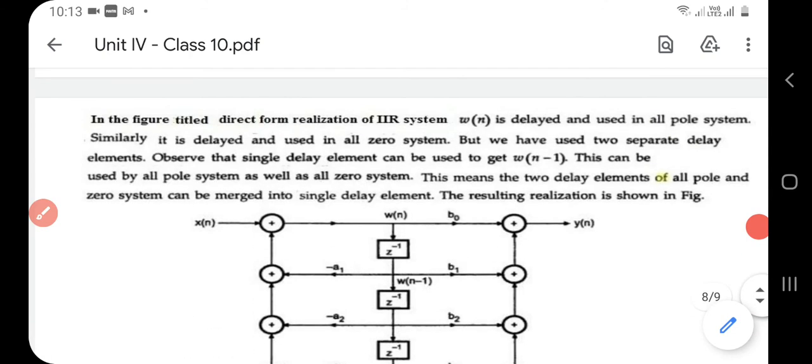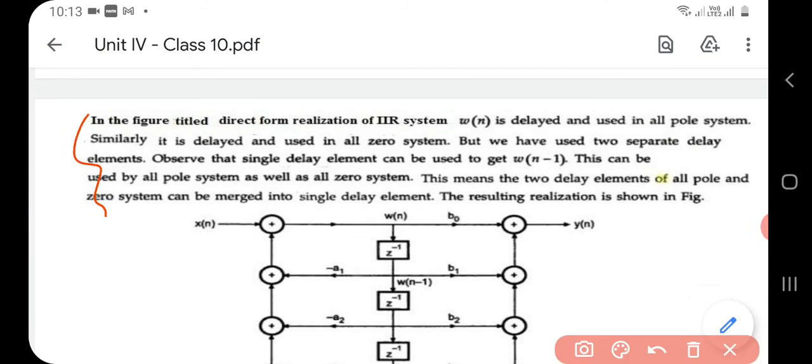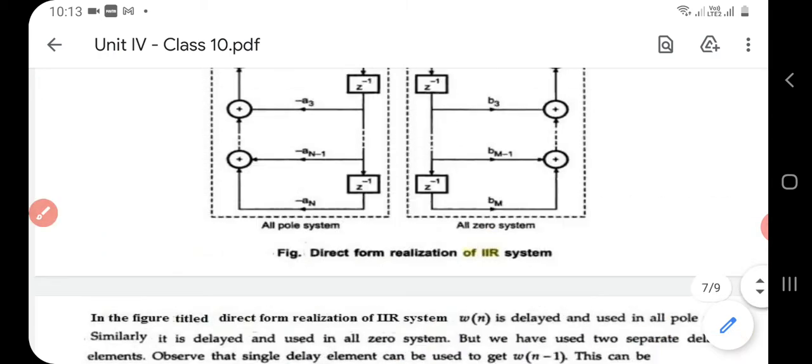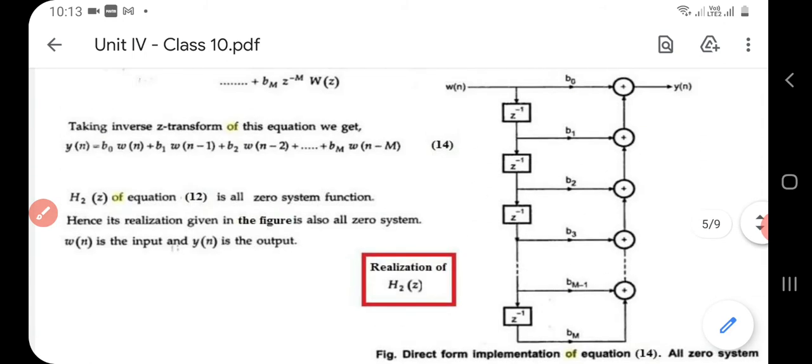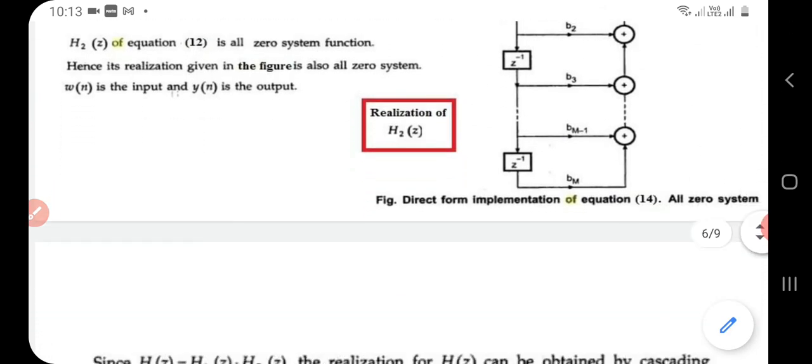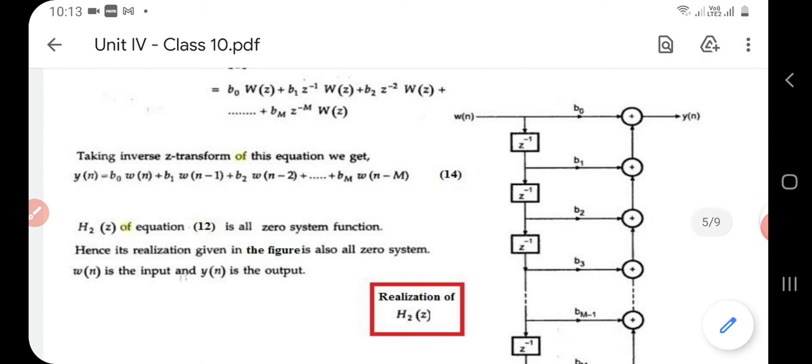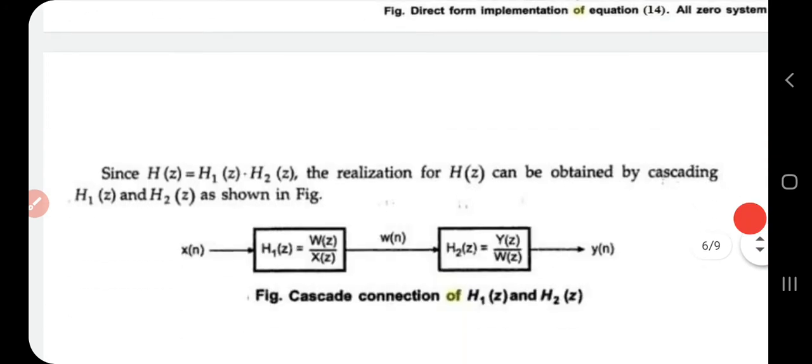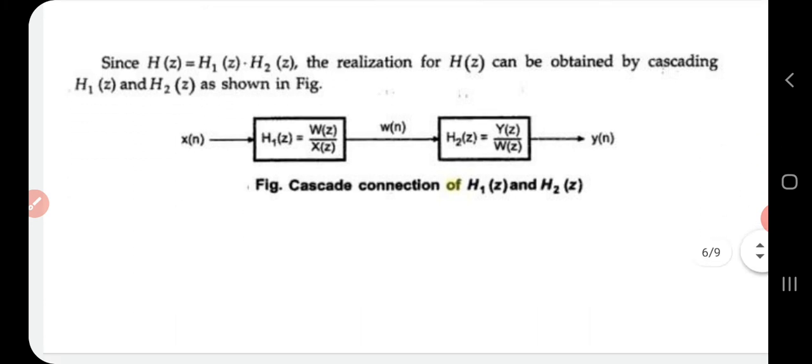So this paragraph is what I have said now. It's enough that you write just this particular sentence. First of all you draw the realization for H1Z and the realization for H2Z separately, and then you write the sentence that in order to get the final direct form 2 realization, you are just cascading the figures for H1Z realization and H2Z realization as this.